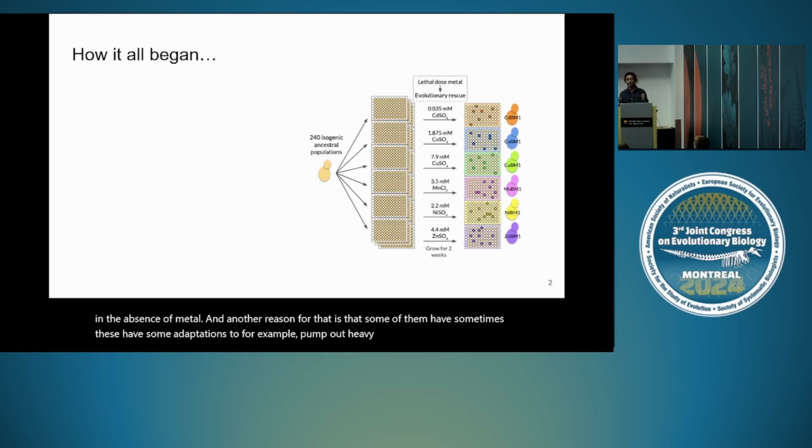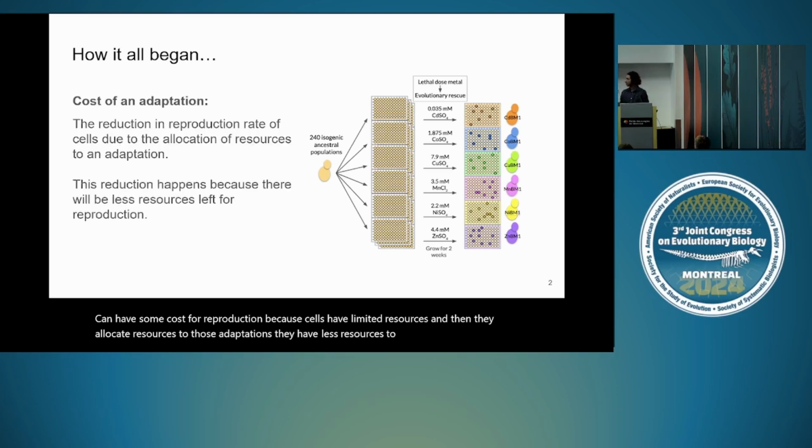And those adaptations require allocation of resources, and allocation of resources can have some cost for reproduction because cells have limited resources. When they allocate resources to those adaptations, they have fewer resources to grow. And so that's what I define as the cost of an adaptation: the reduction in birth rate of an organism due to allocation of resources to an adaptation.